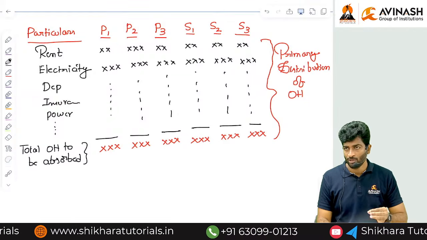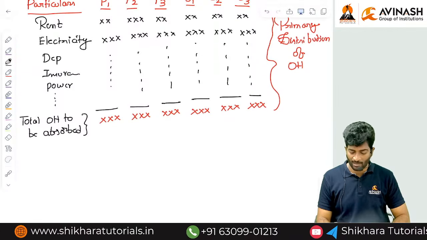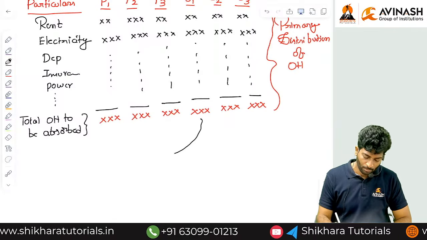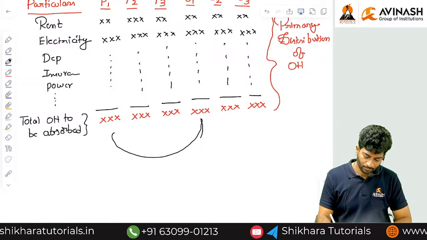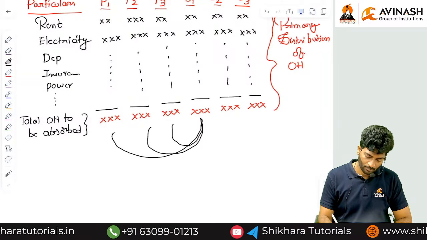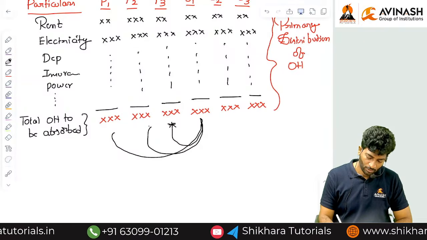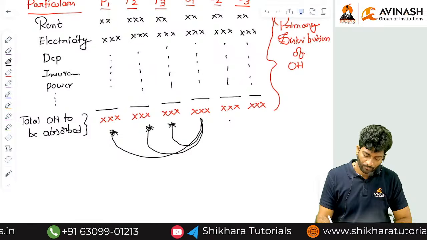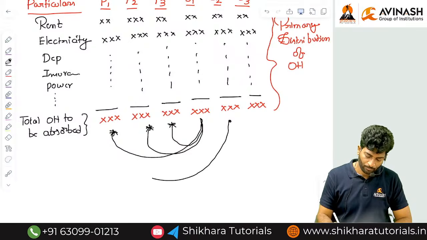Is it clear? Using those methods, I am going to redistribute service department expenses to production departments. So I gave shares of S1 to P1, P2, P3.